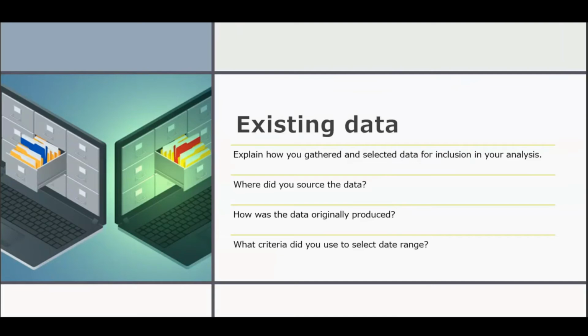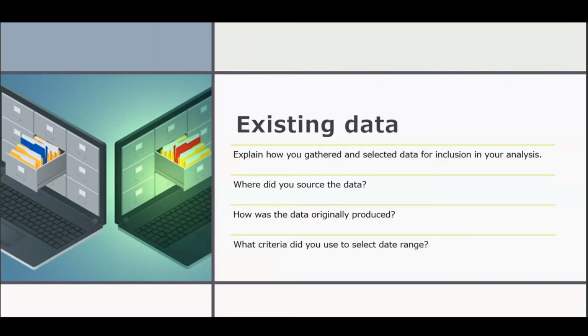If you're using existing data, you need to explain how you gathered and selected data for inclusion in your analysis. Where did you source the data? Is it a reliable source? Have you paid for it? Data security matters all need to be explained. How the data was originally generated and produced needs to be explained.